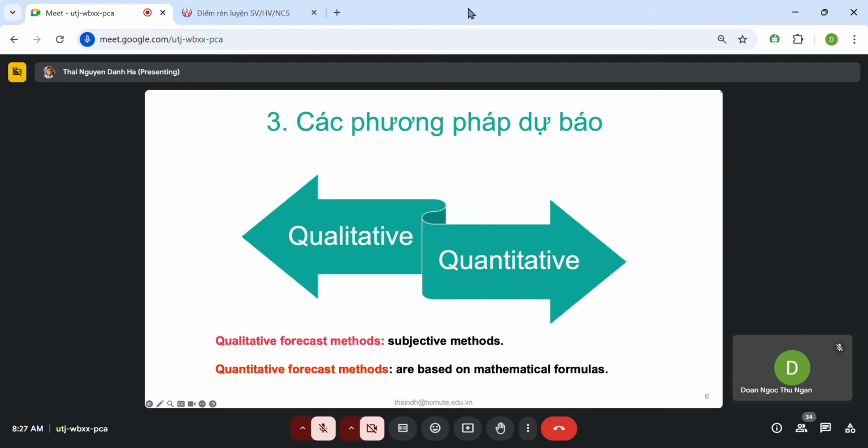For the quantitative, in this chapter we focus more on the quantitative forecast method, and for it we need to get the data. When we have enough data we can make the right decision for the future, right? In the past we would just collect data from the last year or so.